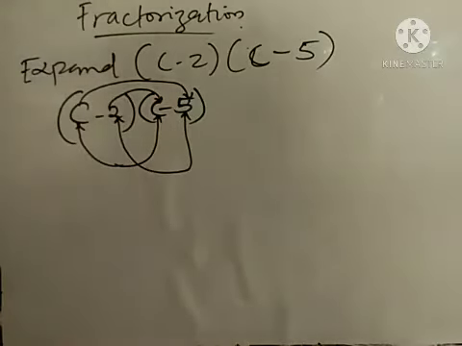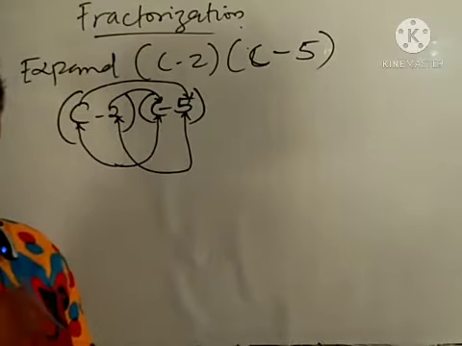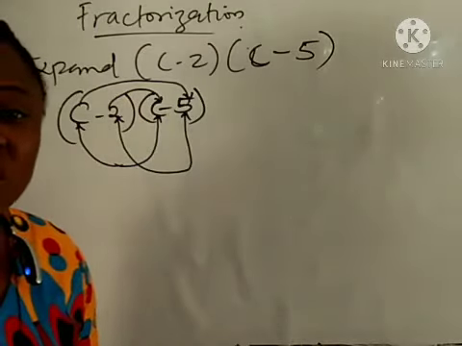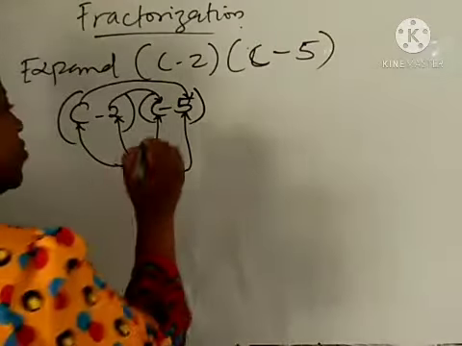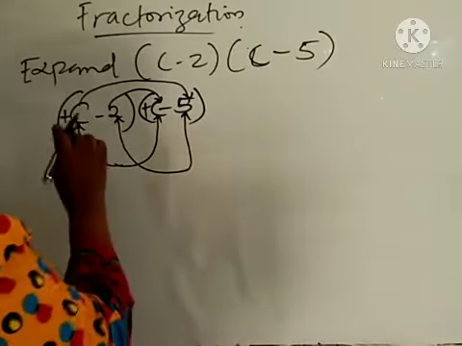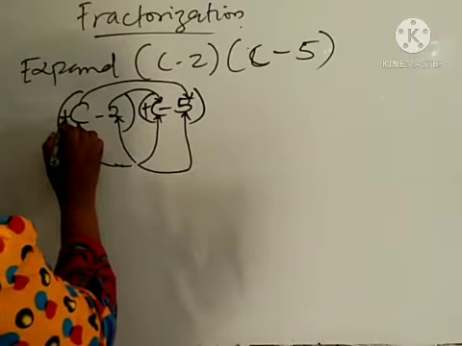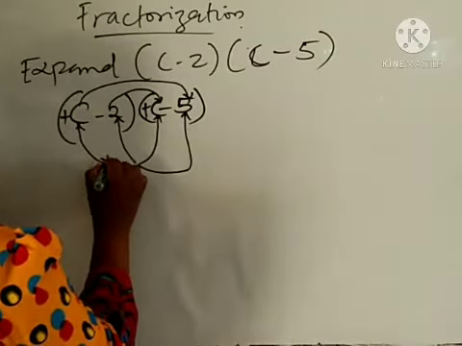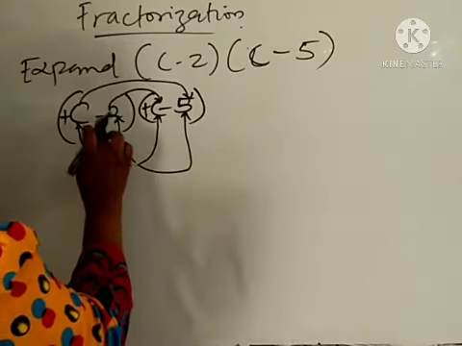Now, remember the things I told you. One thing about this expansion is once your sign is wrong, once you make a mistake in your sign, the whole answer is wrong. So now, let's fix our invisible sign, which is plus. Now, let's pick this curve. Plus times plus, plus c times c, c squared.